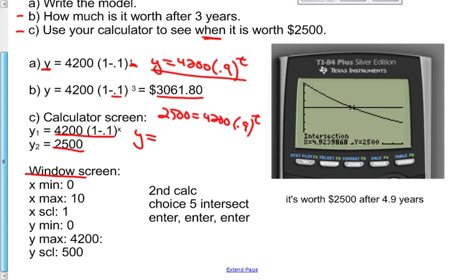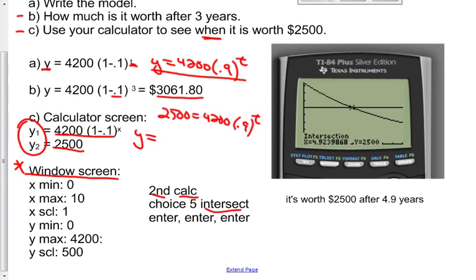Then we have to go to our window, and we need to have a window set to be able to see this information. Once we have the window set, then we can calculate the intersection spot of these two lines. So we're going to enter the information into Y1 and Y2, reset our window, which we have to do every time we do a word problem, and then calculate the intersect spot using our calculator.